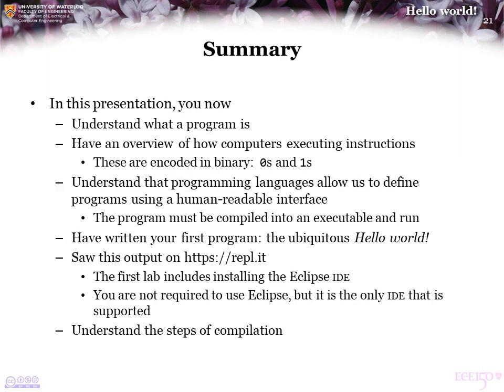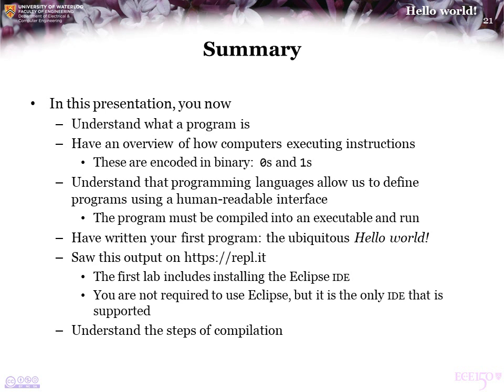So, following this topic, you now understand what a program is. You have an overview of how computers execute instructions, and these are going to be encoded in binary in hardware with zeros and ones, or in reality as 0 volts and 5 volts, or some other non-zero voltage for 1.